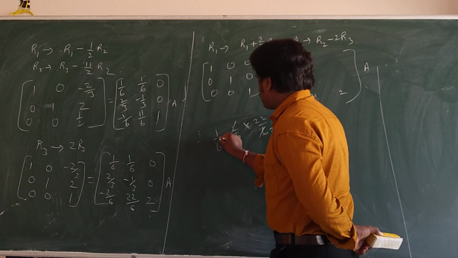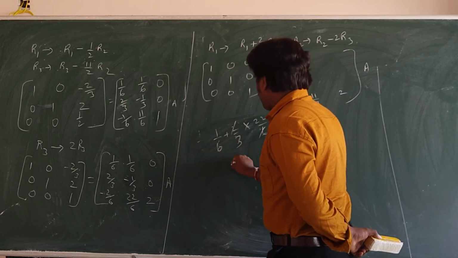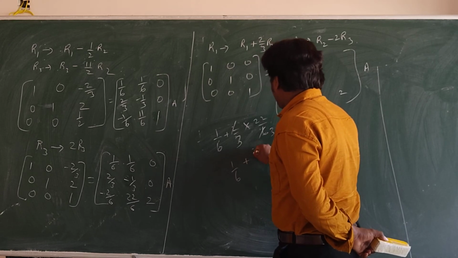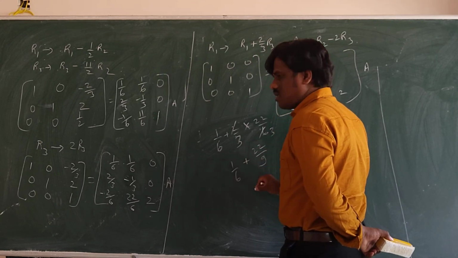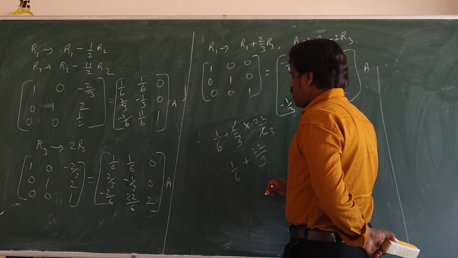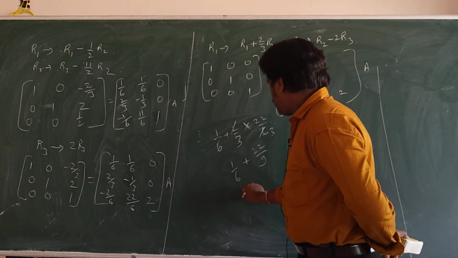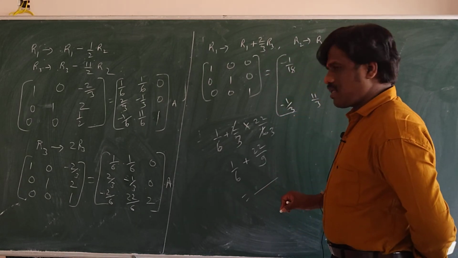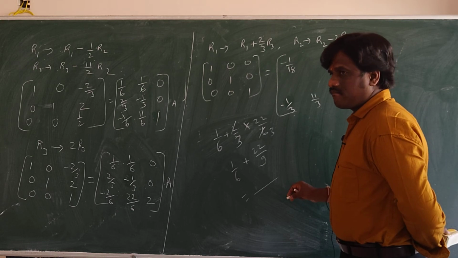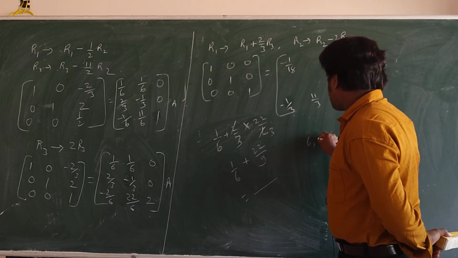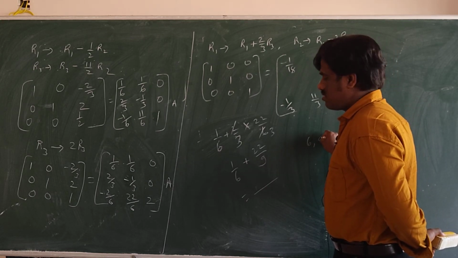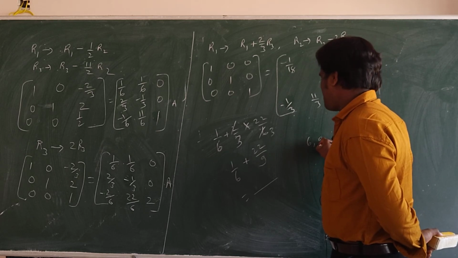Correct? 1 by 6 plus 22 by 9. Right? So how much here? 6, 9. 9 plus 1, 32? 9 plus 1, 32 upon 54.